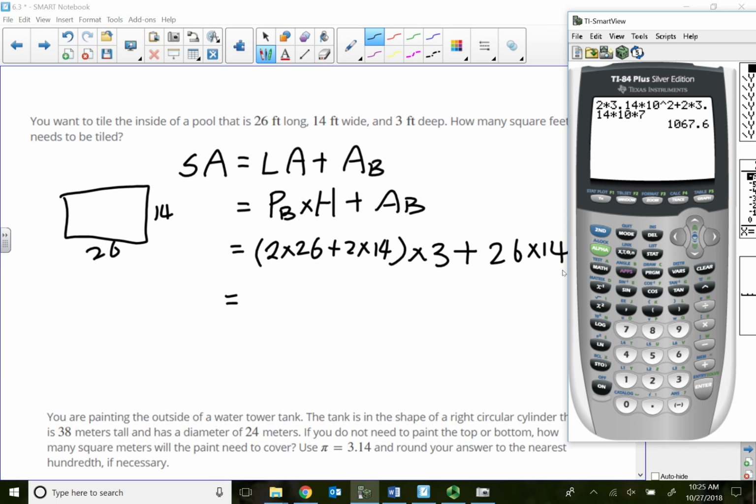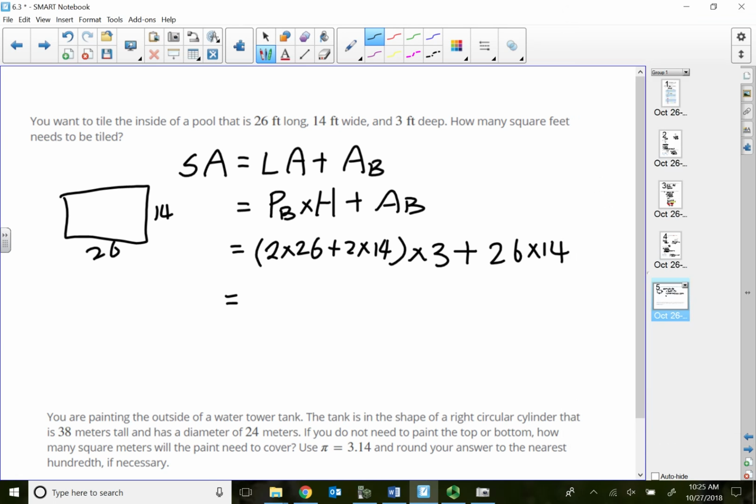Now, if this answer is not right when you do it in the homework, that means they probably considered 2 areas of the base. All right. So 2 times 26 plus 2 times 14, close parenthesis, times 3 plus 26 times 14. All right, so it'll be 604 square feet.